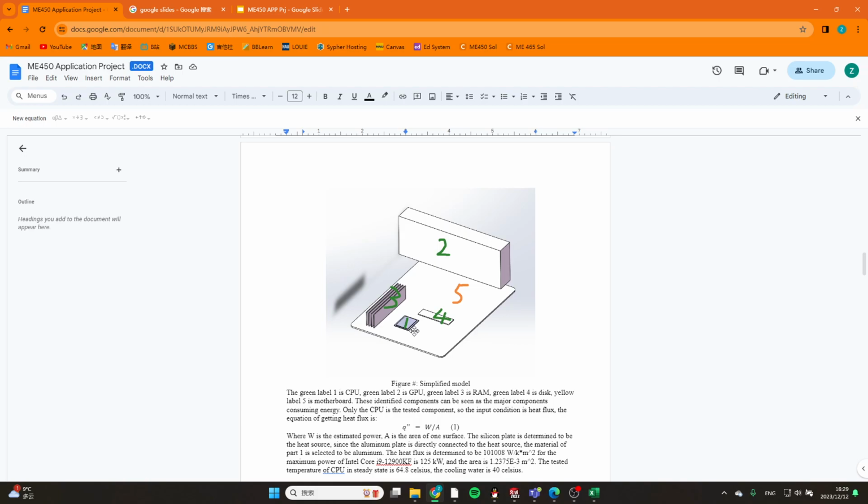Before testing, we measured some parameters, just temperature, of these components, because we're holding all the others and the fluids, including air and water, at a constant temperature. So it's more convenient to test the heat transfer rate of this one.